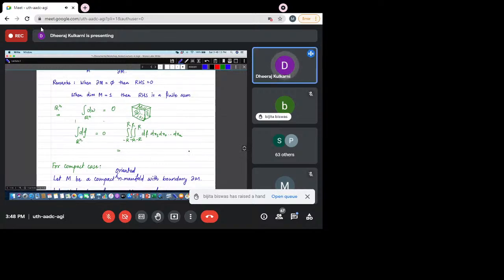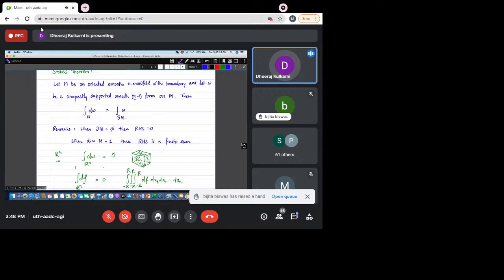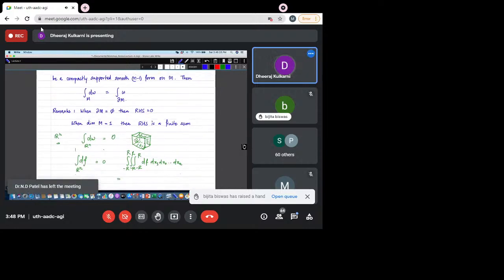So when I interpret Stokes theorem when the dimension of m is equal to 1, I have to take an n minus 1 form, so a zero form on m. But what is a zero form? Our convention is that they are smooth functions.